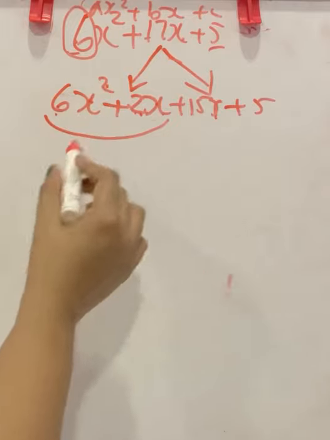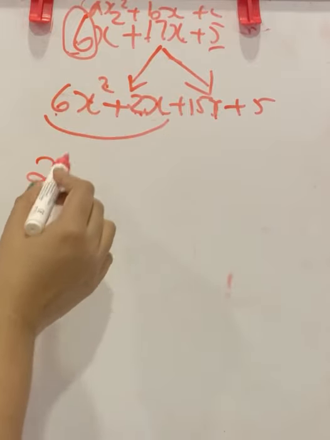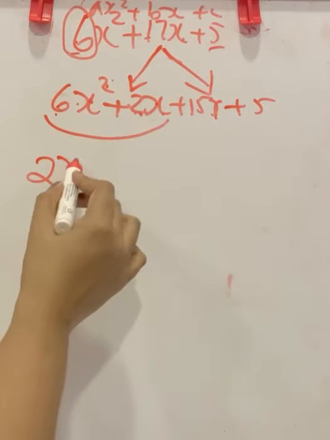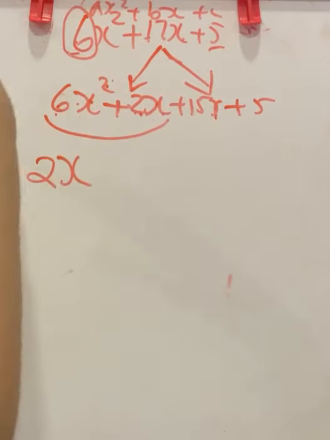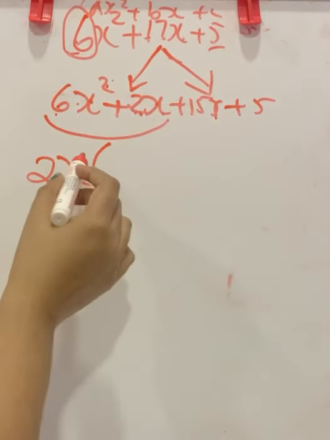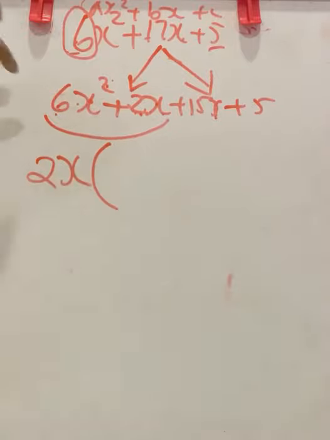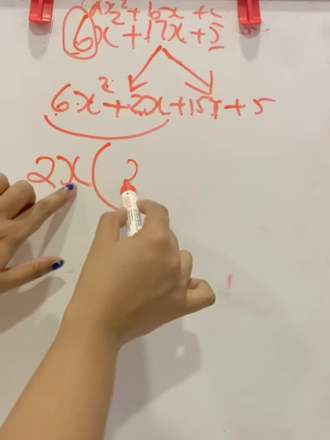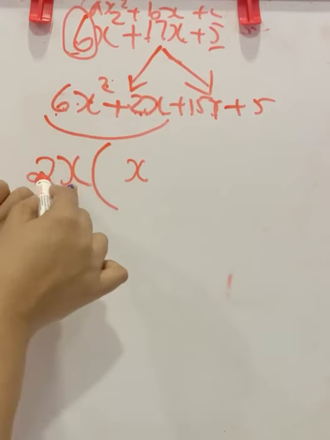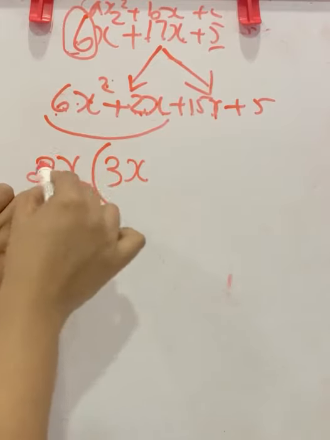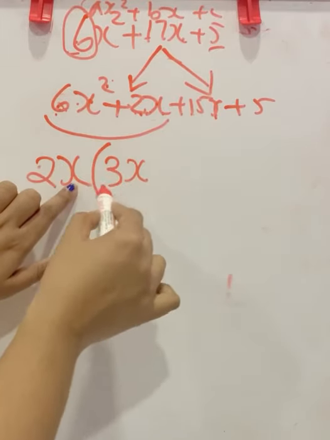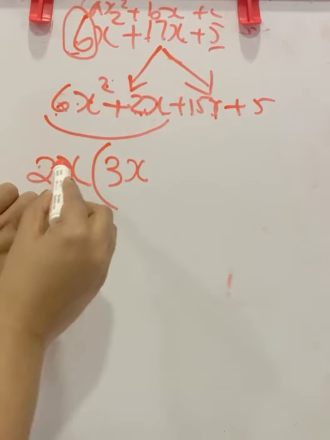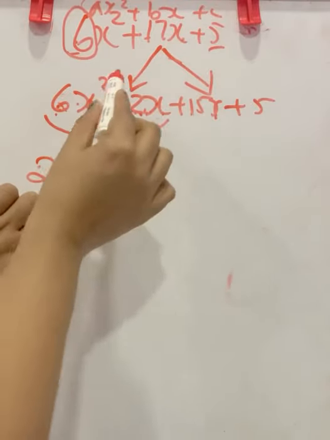We take the common factor outside of the bracket. From 6x square and 2x, 2x is taken outside. In x square, x is taken outside, so 1x will be left. In 6, 2 is taken outside, so 2 3s are 6, and 3 is here. Let us check it. 2 3s are 6 and x into x is x square.